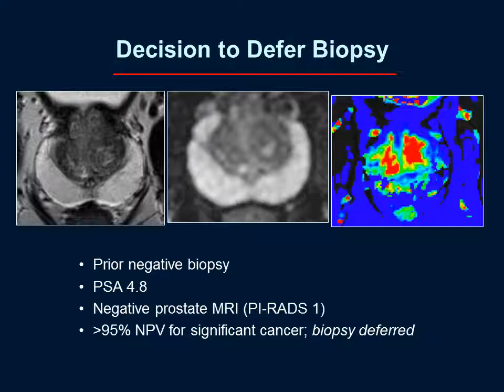If we had just said heterogeneous prostate, or given an equivocal reading, that may not have given enough confidence to avoid a repeat biopsy, but giving the score of 1 was useful for the decision to defer a repeat biopsy in this patient.